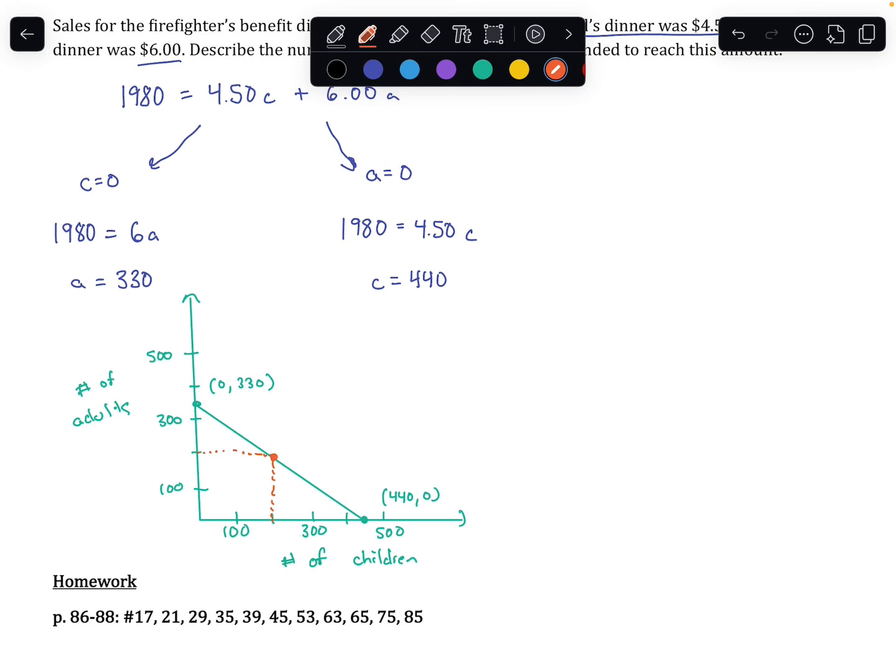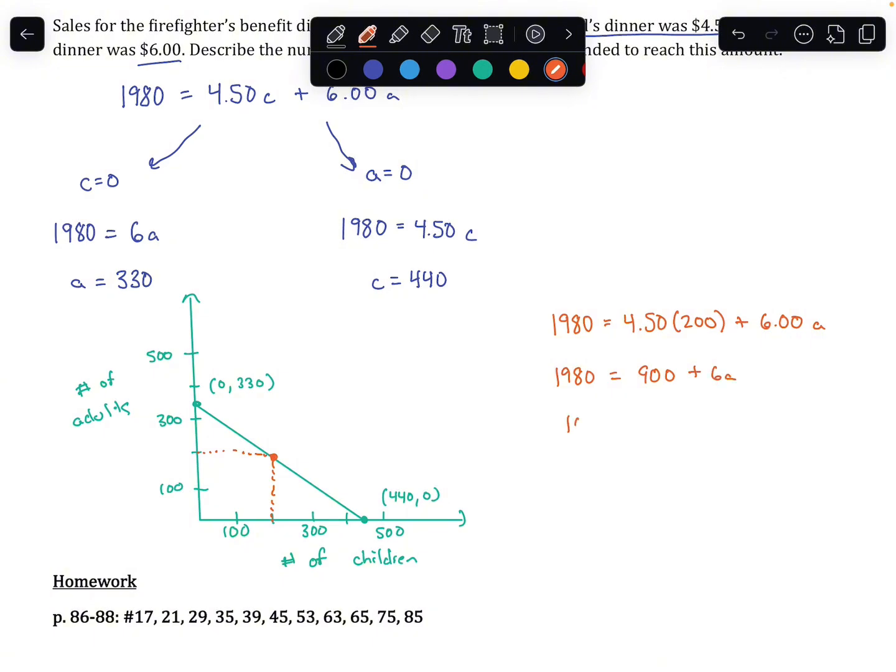So I chose A for the number of children. So I'm going to take our formula. 1980 equals 450 times 200 plus $6 times A. So 1980 equals 5 times 200, 900, plus 6A.